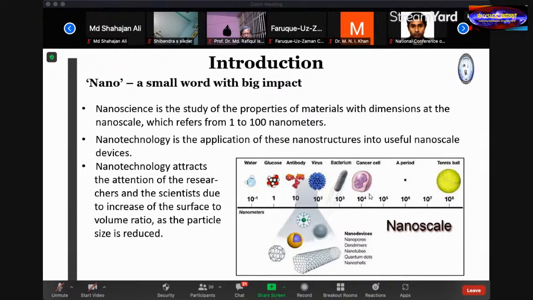In the figure, we can see the nanoscale, and this 10 to 100 nanometer range of materials can be called nanomaterials. Nanotechnology attracts the attention of researchers and scientists due to the increase in surface to volume ratio as the particle size reduces.